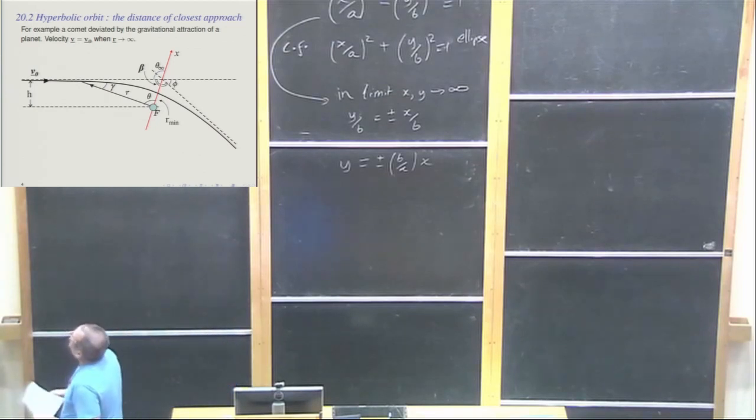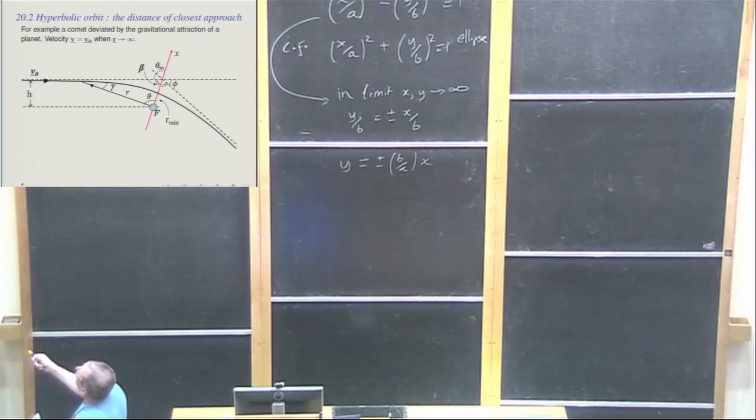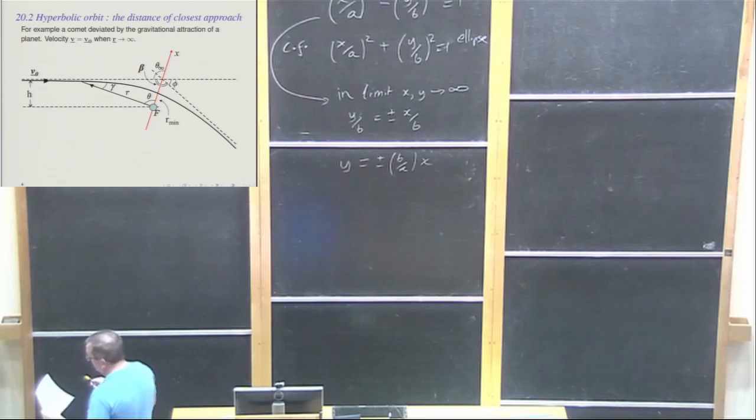Anyway, this object, whatever it is, will come in initially, when it's an infinite distance away, with a certain velocity. It will then get attracted, bent through some angle, and come out eventually with the same velocity again.